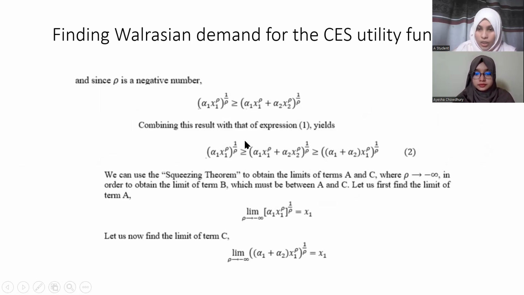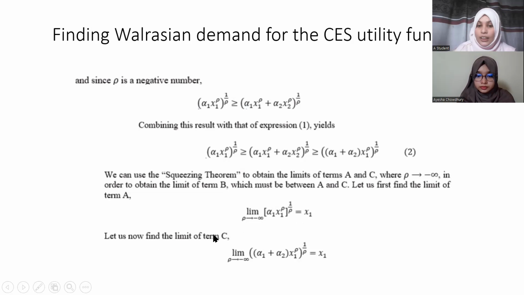In this following equation, we need to use the squeezing theorem to obtain the limits of terms A and C as rho tends to negative infinity, in order to obtain the limit of term B, which lies between A and C. Now we need to first find the limit of term A. The limit as rho tends to minus infinity of (alpha 1 x1 to the power rho) whole to the power 1 by rho equals x1.